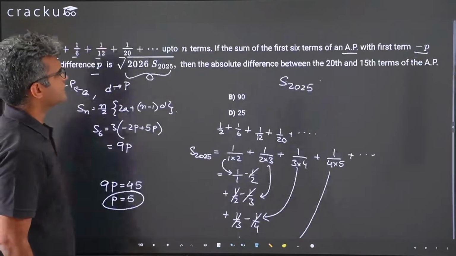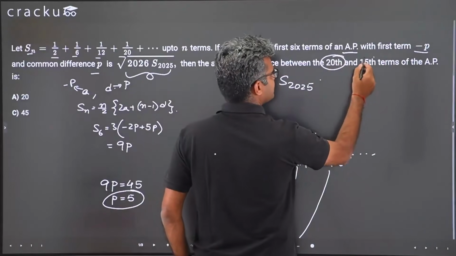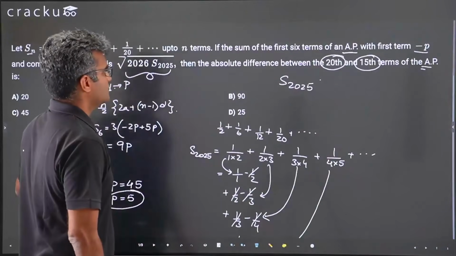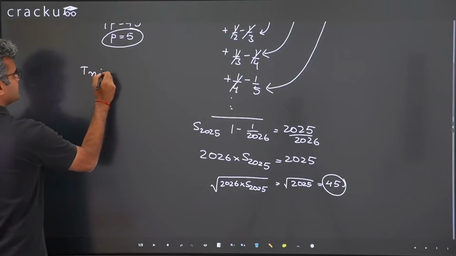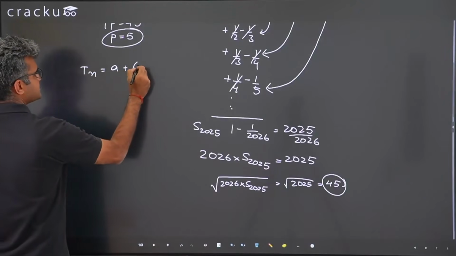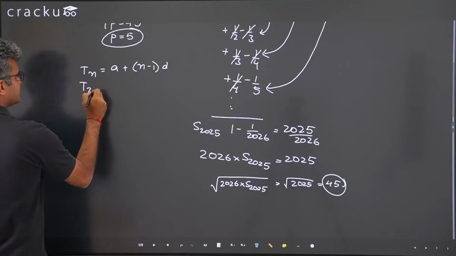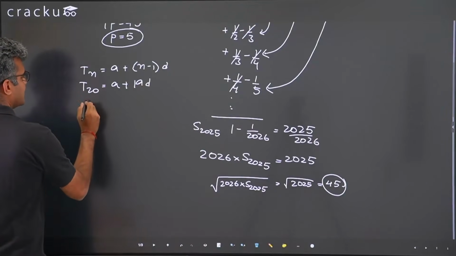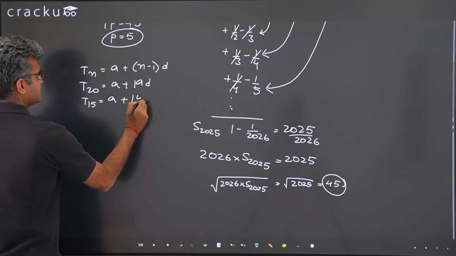Now what are we required to calculate? We are required to calculate the absolute difference between the 20th and the 50th term of the AP. Now what is the nth term of an arithmetic progression? The nth term is a plus n minus 1 into d. So the 20th term is a plus 19d, and the 50th term is a plus 49d.